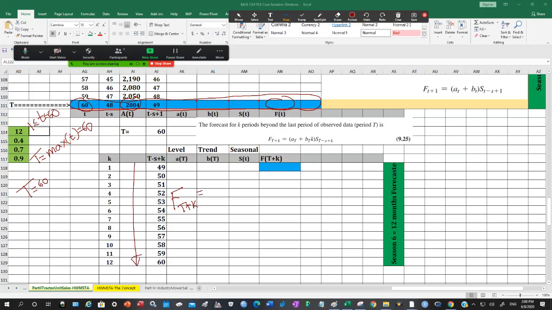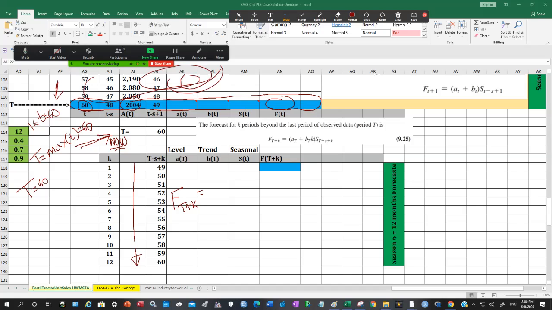Time-wise, we are right here, right after month 60. We have collected all these 60 rows, and we are at the point where we have all these 60 actuals, and we filled in the 60 rows above us.